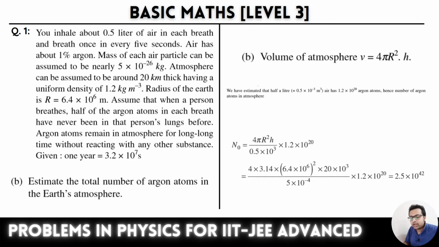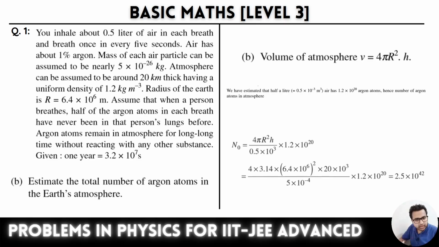It will take lots of time to be very precise. In competitive exams, it is not just about solving a problem but solving it quickly, because you have to solve lots of problems. So the easy method will be to calculate the curved surface area of the earth, because it is a sphere.